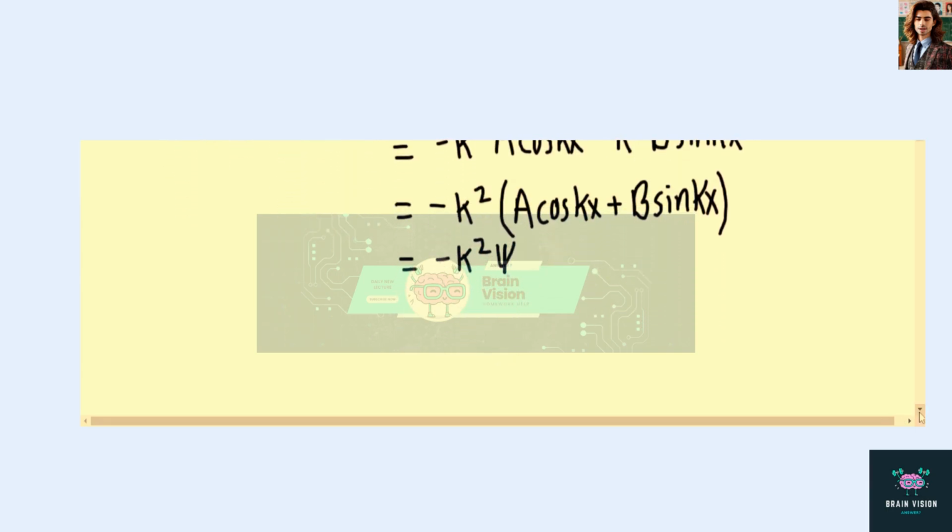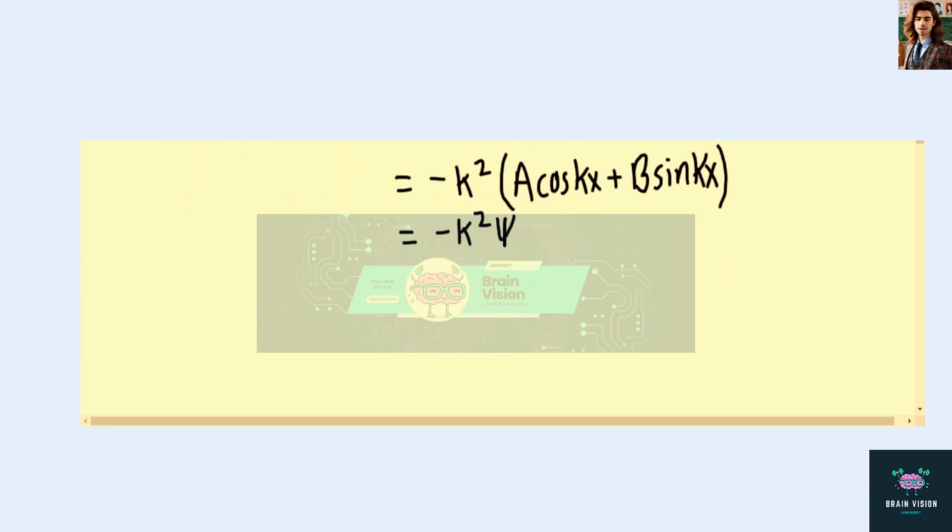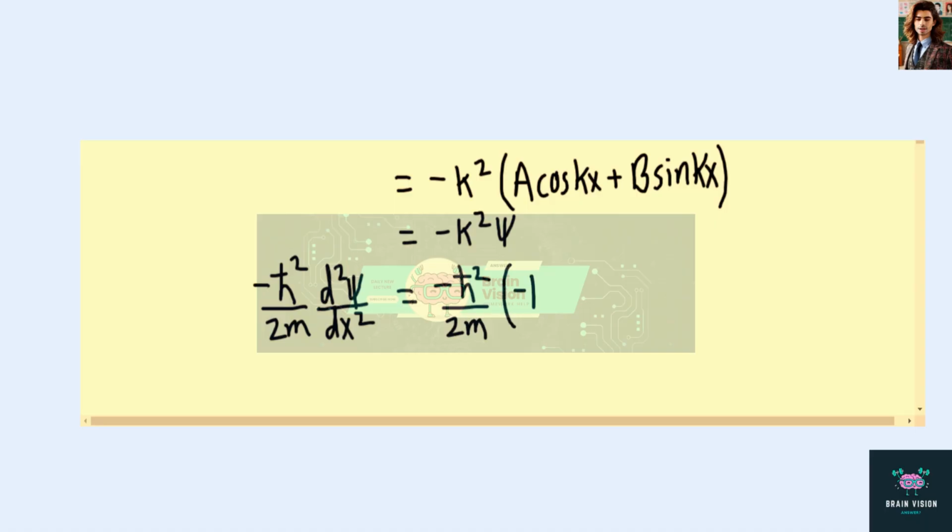Now we can substitute this back into the Schrödinger equation. We have negative ħ² over 2m times the second derivative, which we just obtained. And we can write this now as negative ħ² over 2m times negative k² ψ equaling Eψ, which is the other side of the Schrödinger equation.